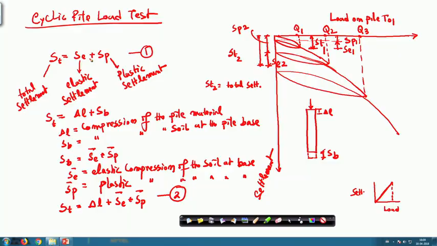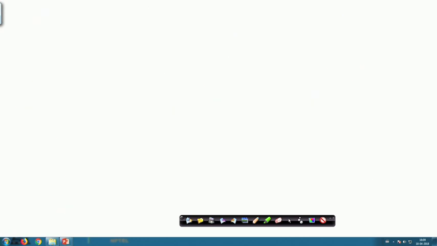Okay. So, if I compare these two equations, equation 1 and equation 2, then I can write that SE plus SP is equal to del L plus SE bar plus SP bar.